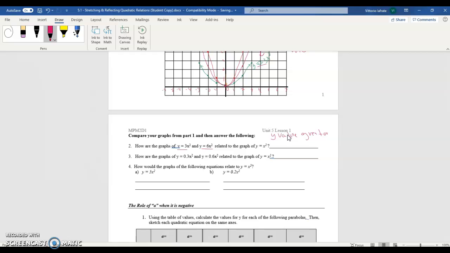We also know that the rise is faster for those two graphs, and it's narrowed from the vertex.